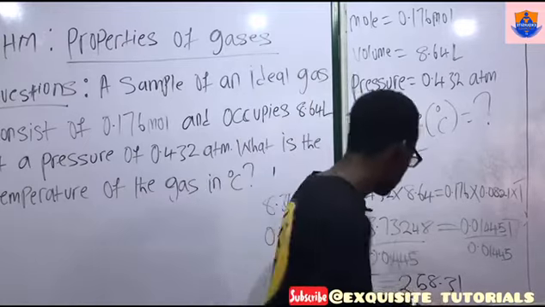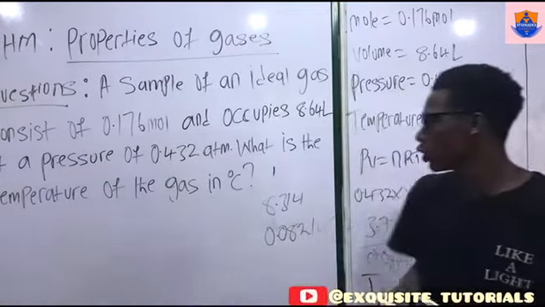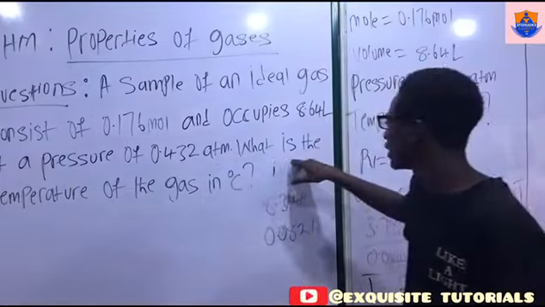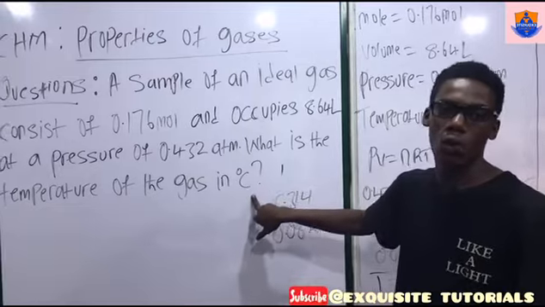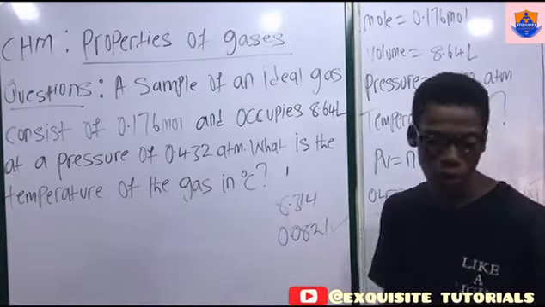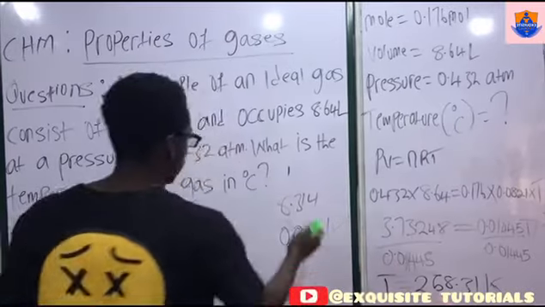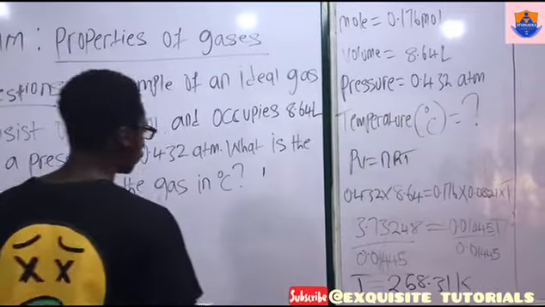This is our temperature in Kelvin. Looking at the question, they asked, what is the temperature of the gas in degrees Celsius? So we're not leaving it in Kelvin, but rather in degrees Celsius. So now let's convert our temperature to degrees Celsius.